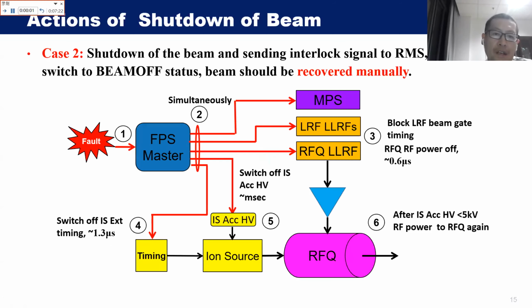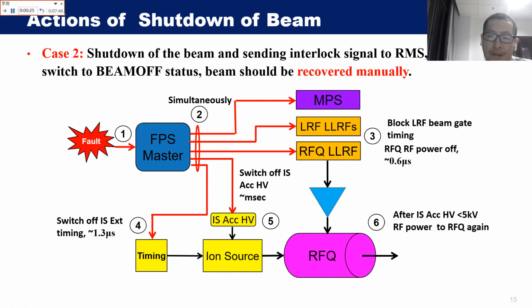Another case is where we should shut down the beam, and the beam should be recovered manually. As you can see, there are two output signals: one is to the MPS, the other is a signal to switch off the ion source acceleration high voltage.